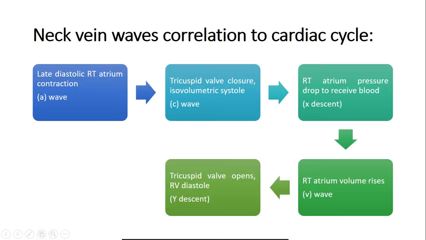So the late diastolic right atrium contraction, we say right because we usually examine the right neck veins, is transmitted to the neck veins, causing the A wave upstroke. So the A wave is correlated to the late diastolic right atrium contraction, which is called atrial kick.